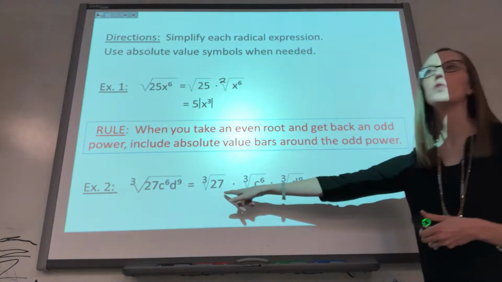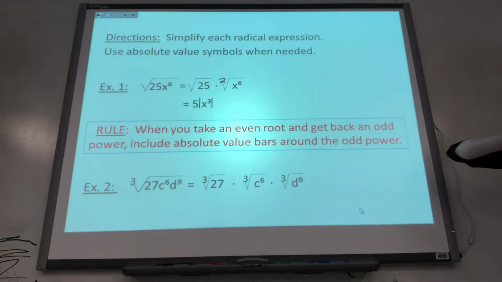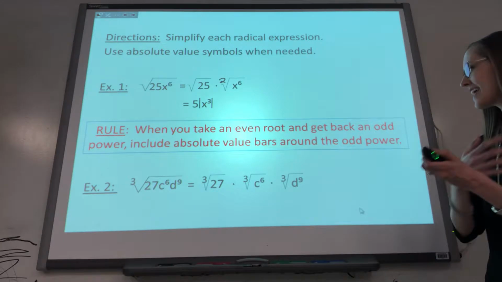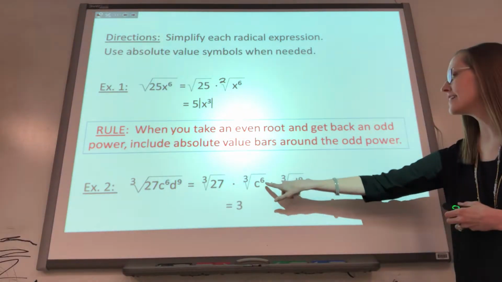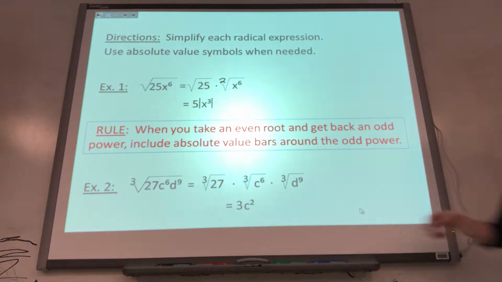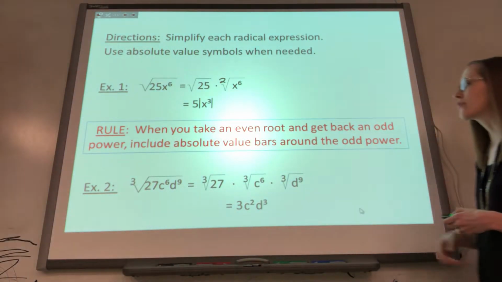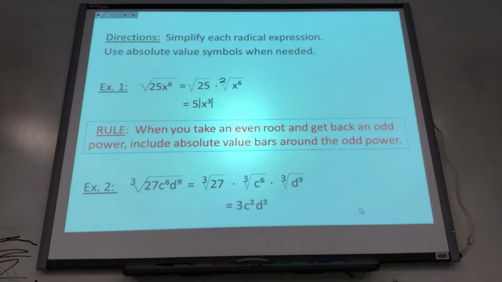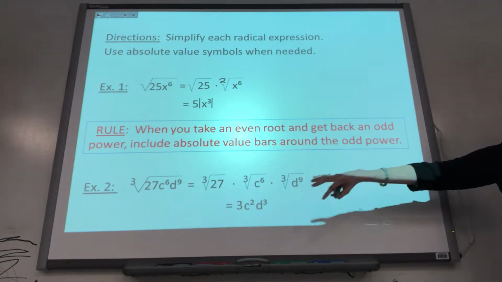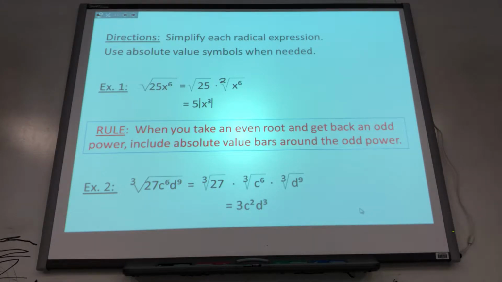So what is the cube root of 27? 3, yes. And for these, 6 divided by 3 is 2, so that's now c squared. 9 divided by 3 is 3, and that is now d cubed. It wasn't an even root, so you don't have to worry about absolute value.